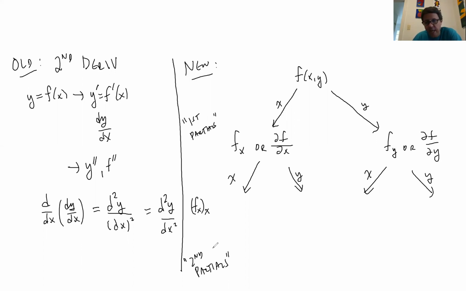That's nice because I put a subscript whenever I want to do a derivative. But I'm now starting not from f, I'm starting from the first partial. So I could write it as f sub x, sub x. And again, as normal, too many parentheses, let's just write f sub xx.